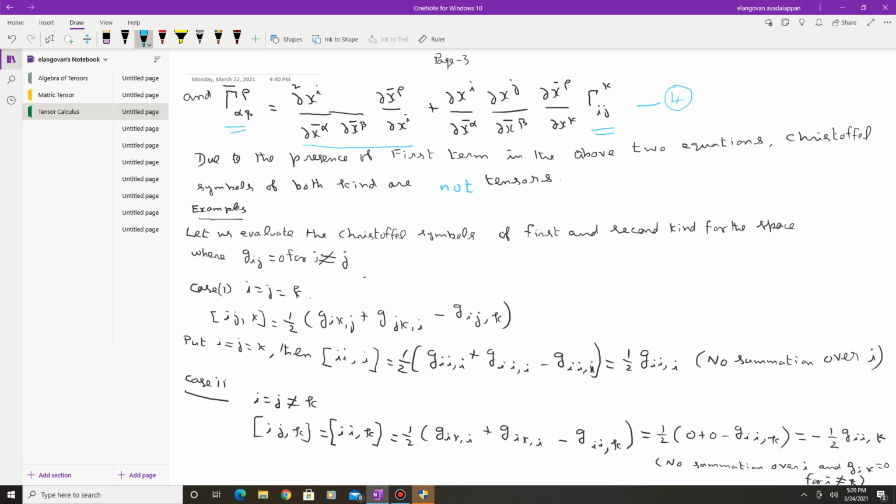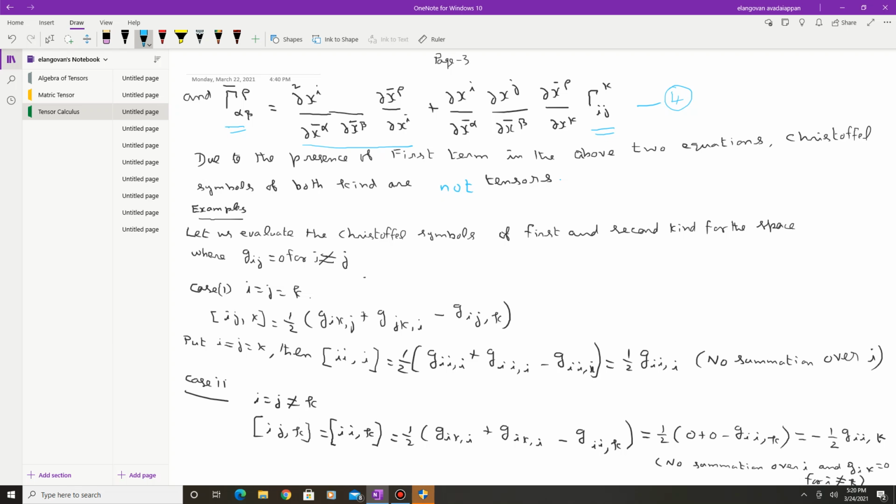Now let us evaluate the Christoffel symbols of the first and second kind for the space where g_ij is equal to 0 for i not equal to j. For any space, i runs from 1 to n and j runs from 1 to n, if n is the dimension of the space.